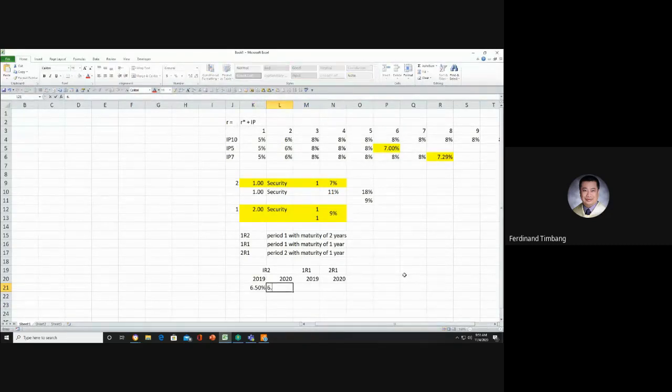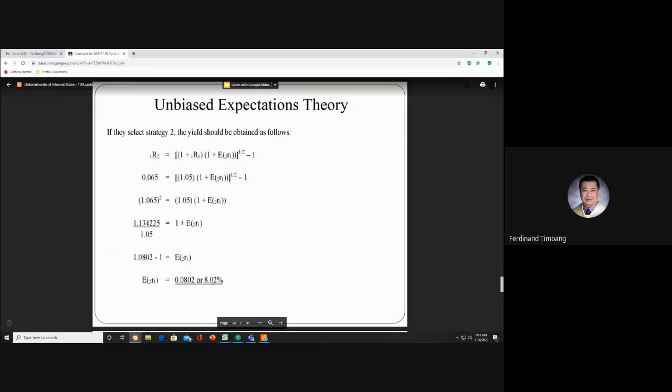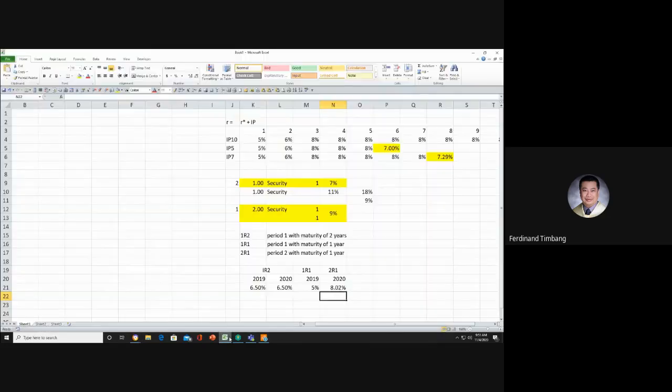So kaya balik ko ilalagay natin dito ulit, dito lumalabas ay 6.5%, di ba? Tapos meron tayong 6.5% din dito. Ito 5%. Dapat itong sa 2R1, ang formula daw niya ay yung rate na ay 8.02%. Kaya kung i-explain natin dito sa Excel, ganyan lumalabas class.